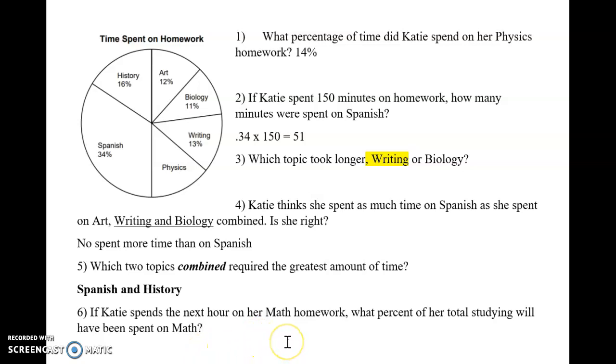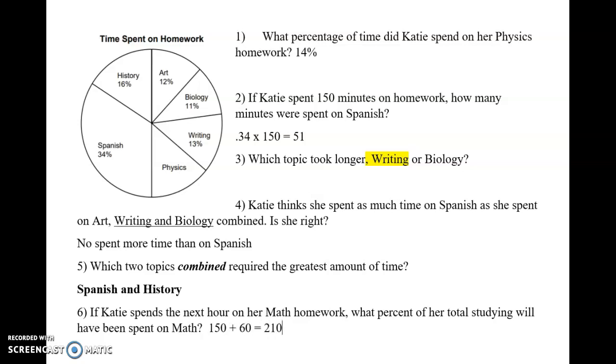Now, if Katie spends the next hour on her math homework, I was wondering why she hadn't spent any time on math. Notice that she spent time on art, but nothing on math. Well, if she spent the next hour on math homework, what percentage of her total studying will have been spent on math? Well, she spent 150 minutes already, plus another hour would be another 60 minutes.